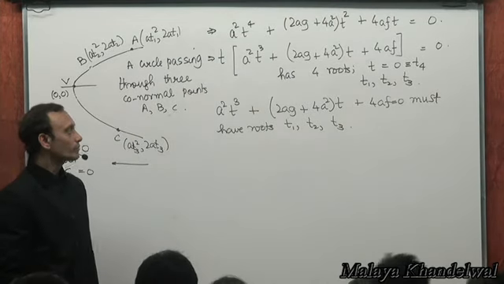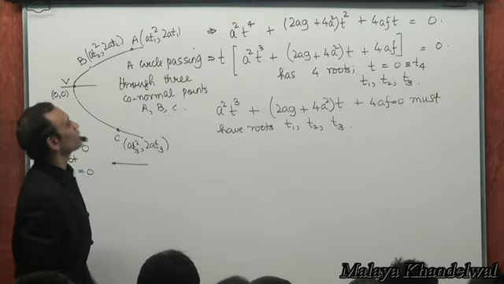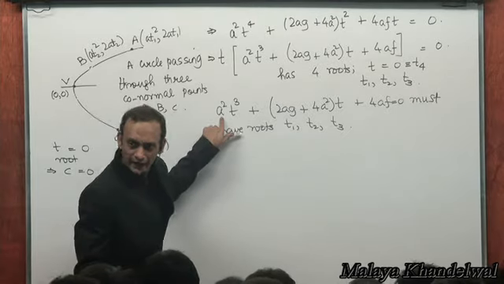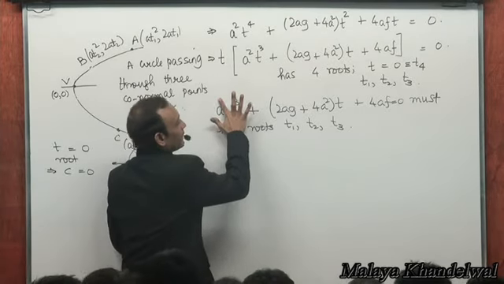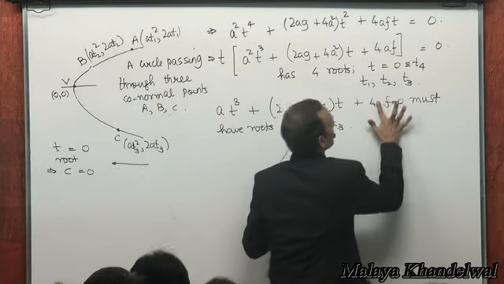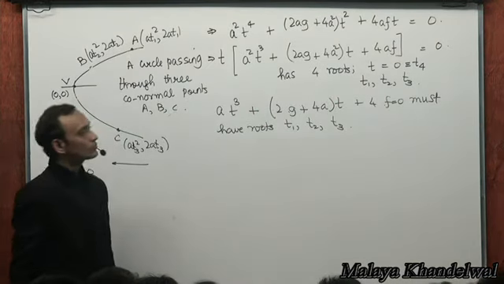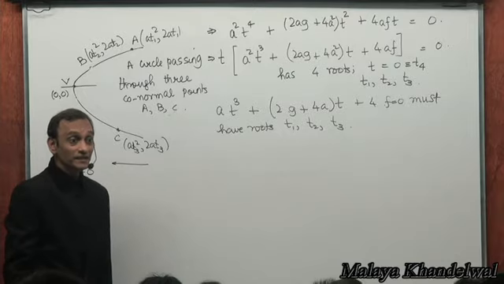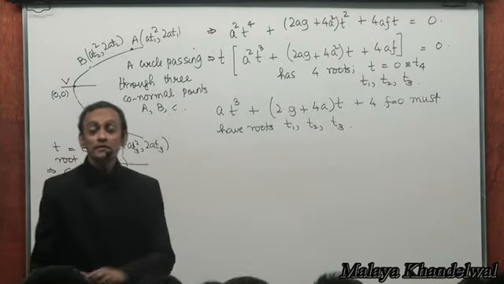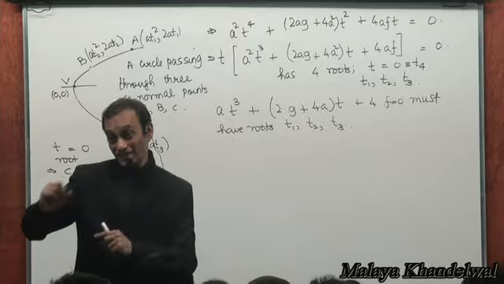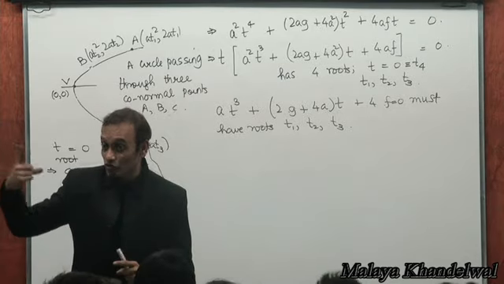Right? Now, a is not 0 in a parabola because 4a is the latus rectum, so a is not 0. So, I have the luxury of dividing by a. So, when I divide by a, I get this. This has roots t1, t2, t3, isn't it? But t1, t2, t3 are also roots of at cube plus t into 2a minus h minus k equal to 0.